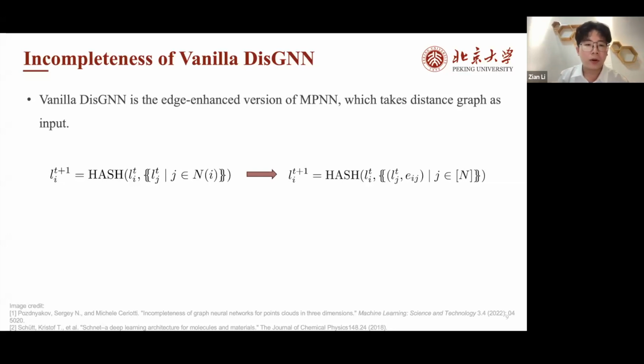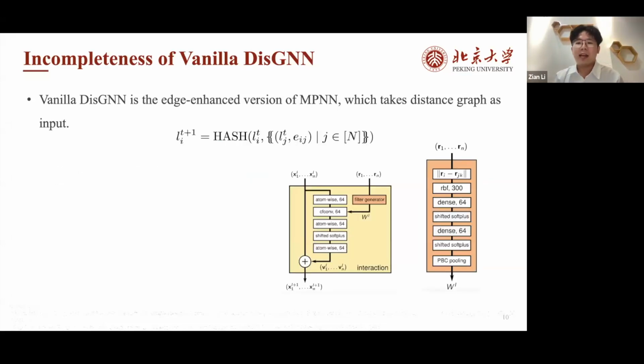In the left equation, you can see the message passing paradigm of MPNN. It updates node labels based on itself and its neighbors' labels. And you can see the vanilla DisGNN's paradigm in the right equation. It just incorporates the edge weight, or the distance itself, into the message passing framework.